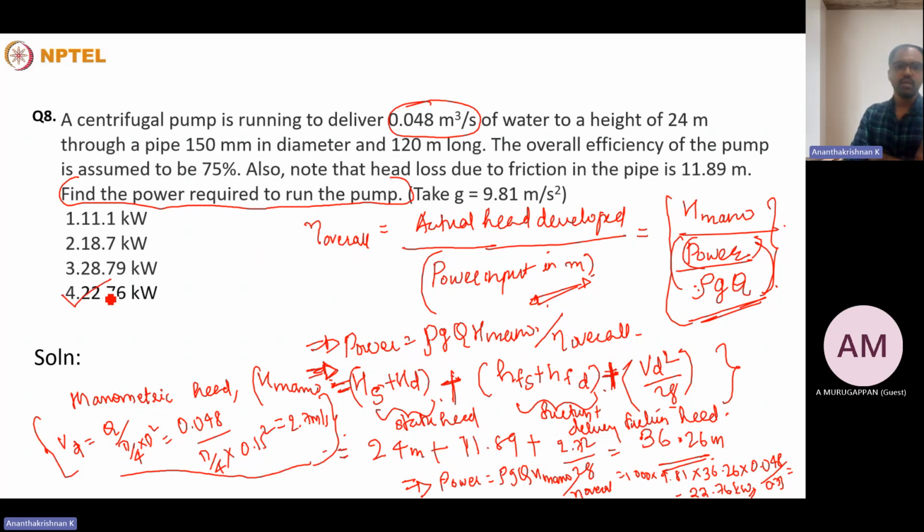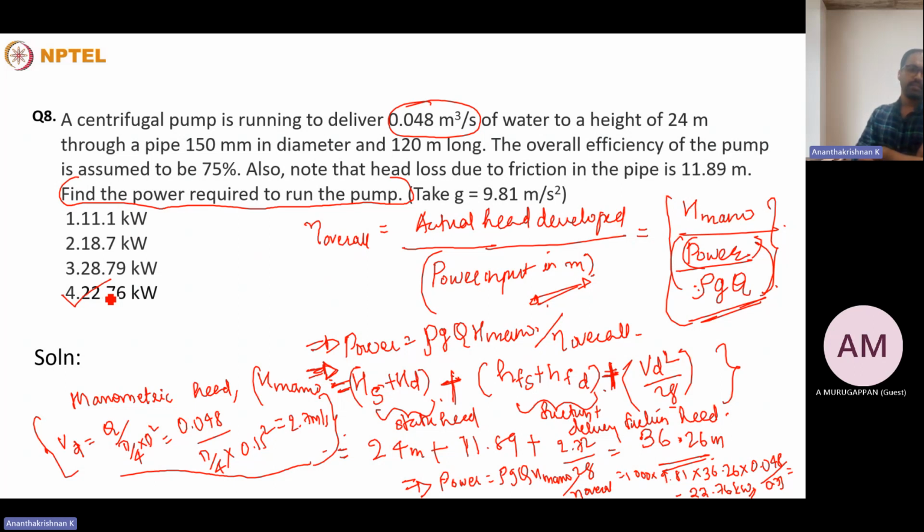It takes into account all the heads in this pipeline from the suction strainer to the delivered overhead tank. One is the static head, the basic static height from the suction strainer to the overhead tank. Then there is a dynamic head that takes into account the velocity within the pipe.